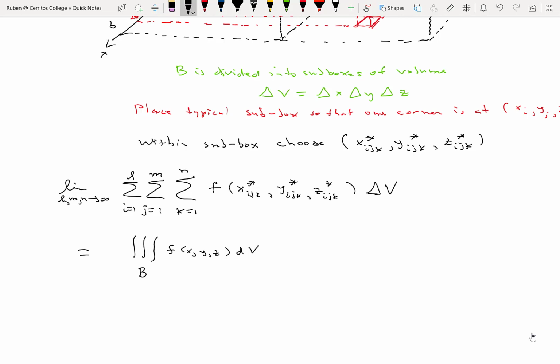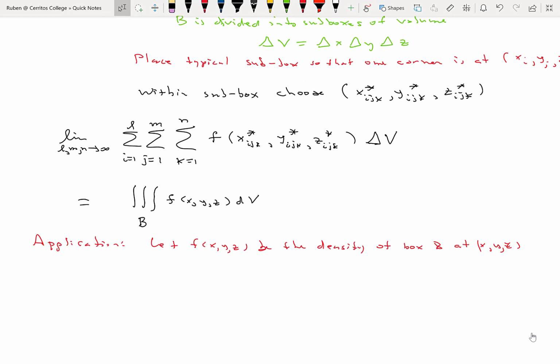One application, and I think there are a couple of homework problems that deal with this, is this: let f of x, y, z be the density of the box B at x, y, z.